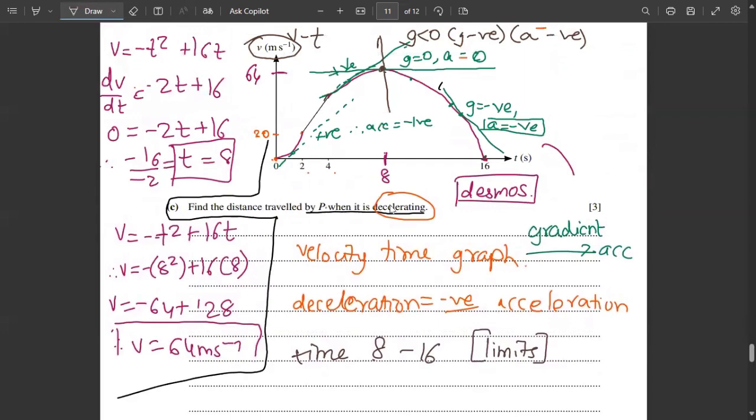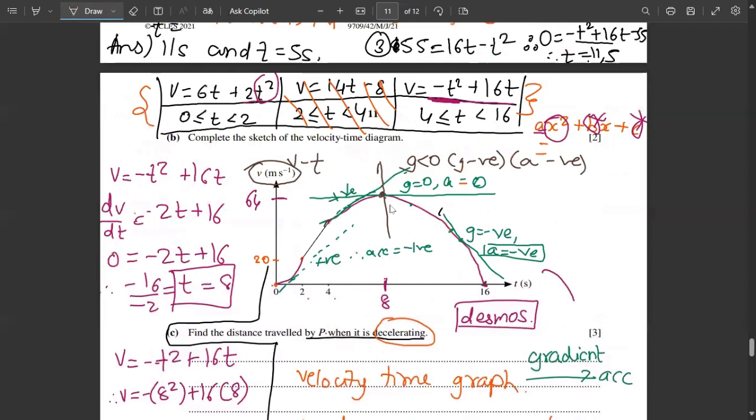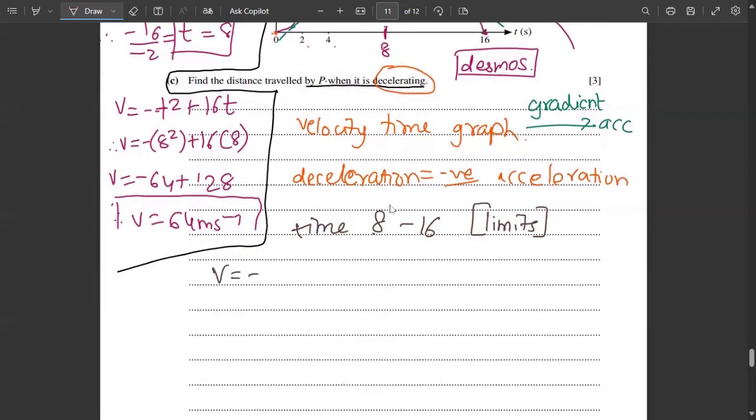Find the distance traveled by P. Now, what is the equation for time 8 to 16? This v equals minus t square plus 16t. In order to find the displacement, we have to integrate the velocity time graph, which will be integrating minus t square plus 16t.